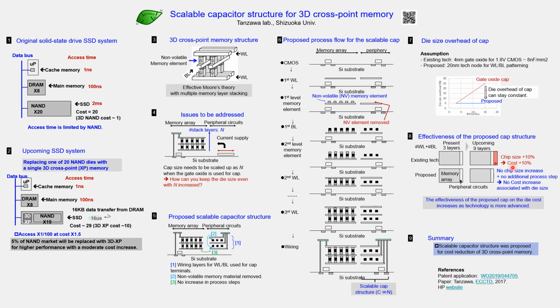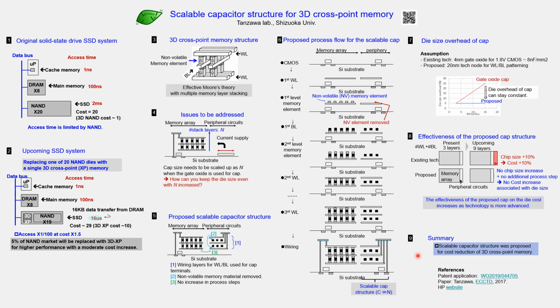If you don't have to add any process steps to make that capacitor structure in the periphery circuit, then there's no cost overhead with the proposed capacitor structure. So this difference increases as the technology is more advanced.